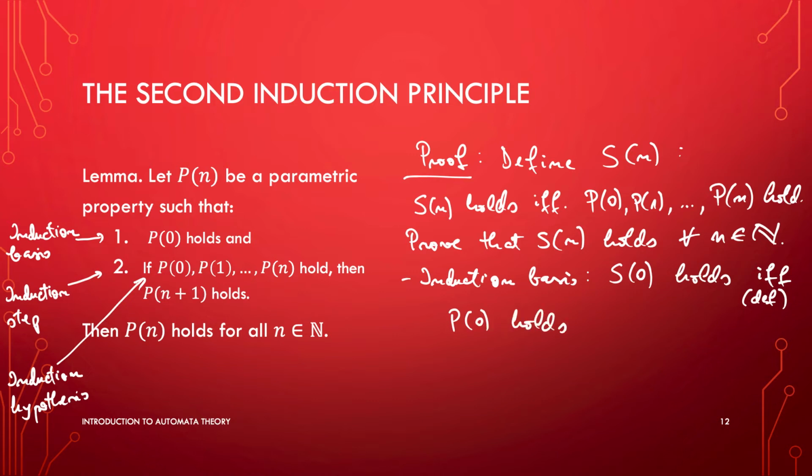That's just how we have defined our property S. And this is in fact true by condition 1. So the induction basis is thus established. S of 0 indeed holds.